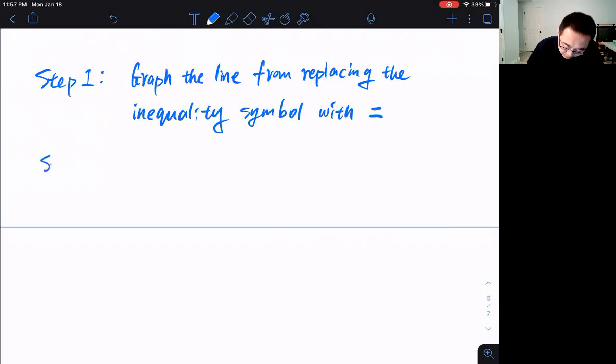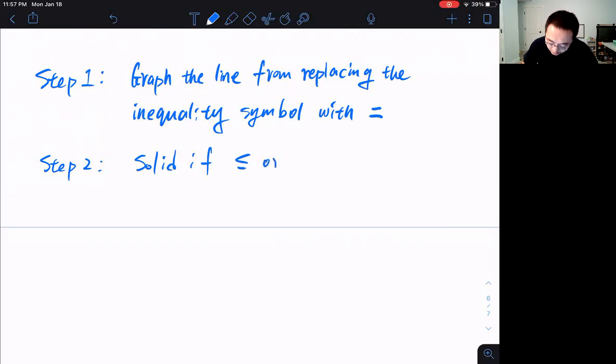Step 2 is you mark the line. You draw the line solid if you had a less than or equal to or greater than or equal to, meaning there's an equal to part in your original inequality.